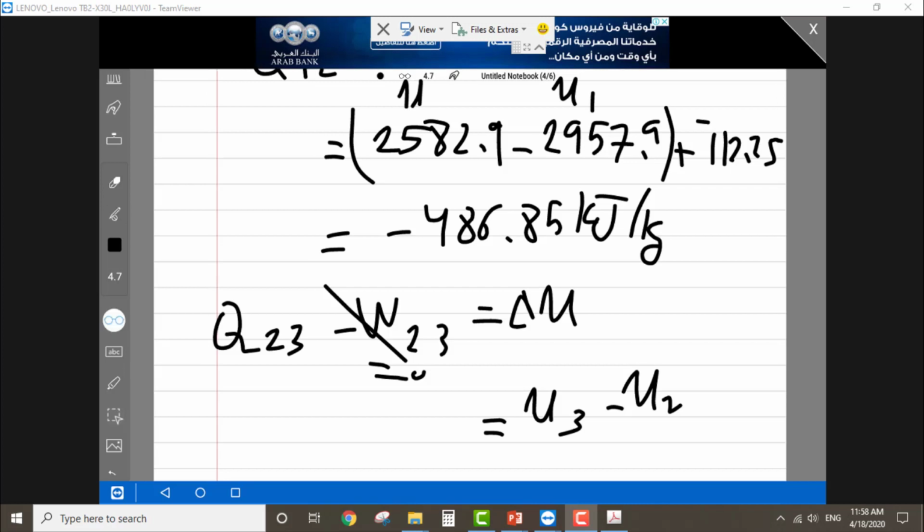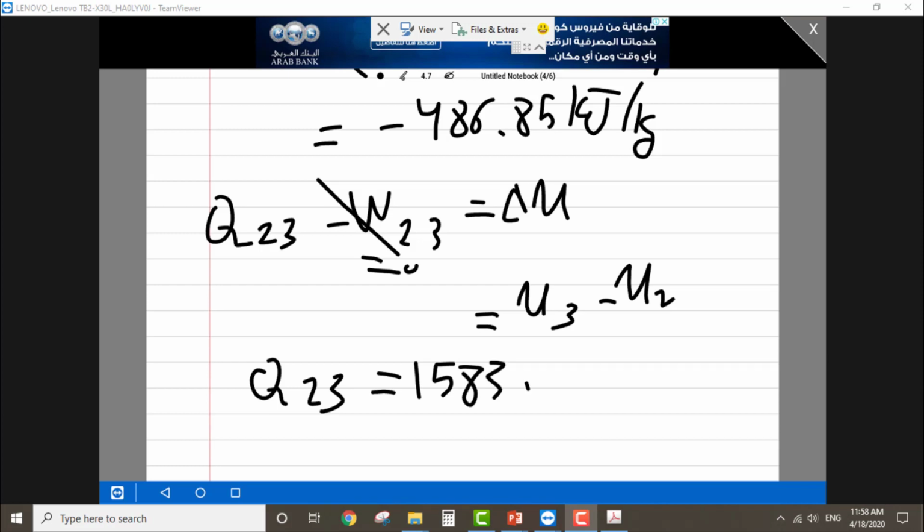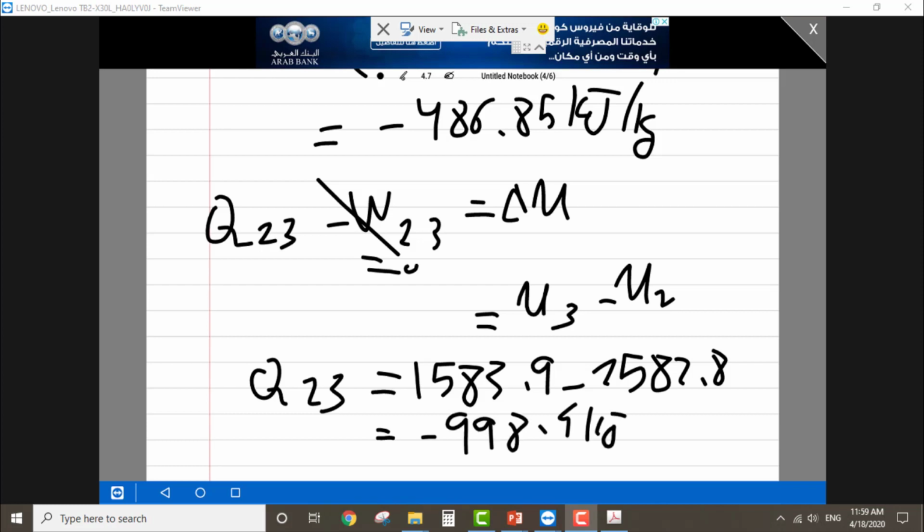So Q2-3 equals 1583.9 minus 2582.9, and the answer is equal to minus 998.9 kilojoule per kilogram.